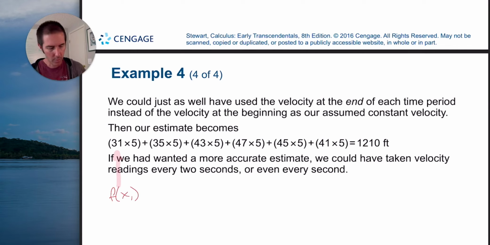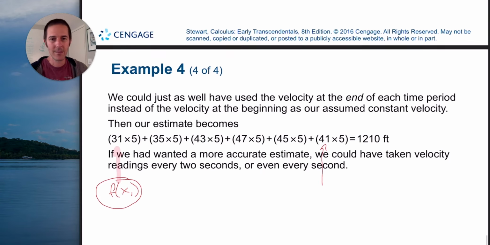And we're going all the way up to f of x sub n, which in this case is x sub 6, which is our last y value, the right-hand edge of the rightmost rectangle. And this is the height of the right-hand side of our leftmost rectangle. Sounds like insanity, doesn't it?